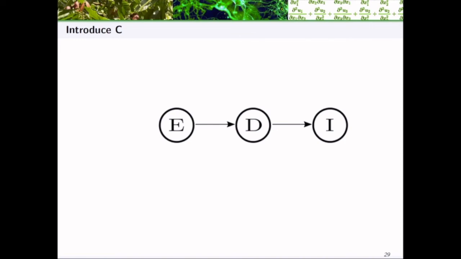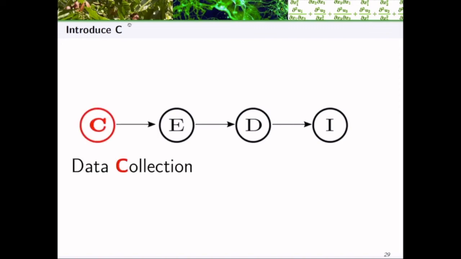And what about the extrapolation step? Well, we are convinced that this step depends on the data collection step. And this data collection step appeared to us as a crucial step that has to be included in the workflow.